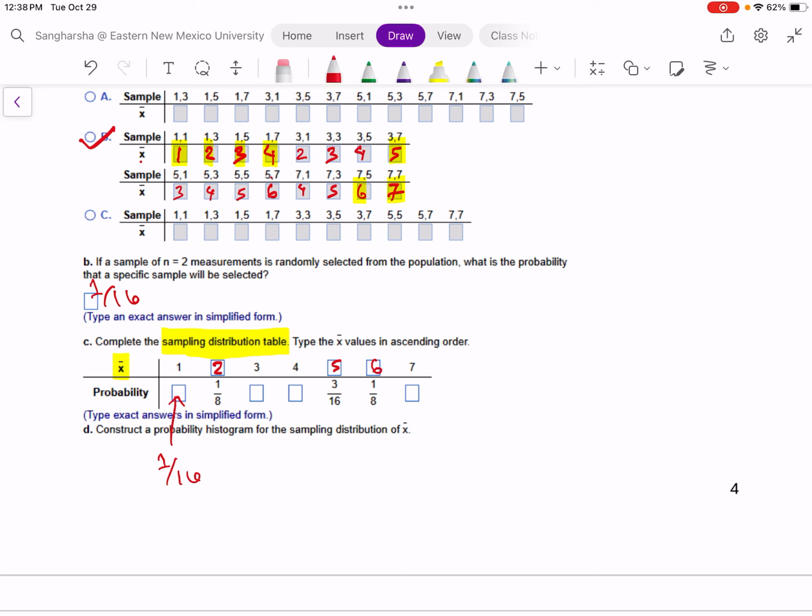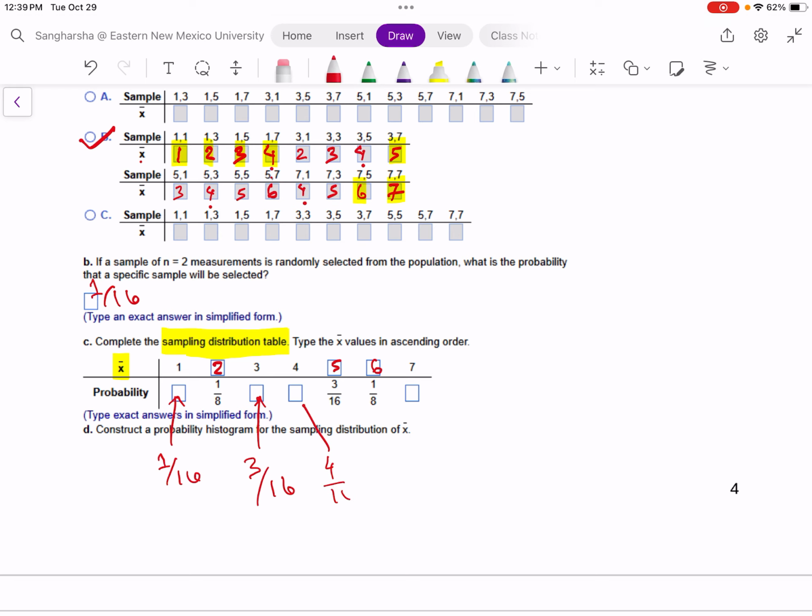Now what about 3? What is the probability that x bar takes a value 3? So how many times does it take 3? 1, 2, 3. So 3 over 16. What about the probability that x bar takes 4? 1, 2, 3, 4. 4 divided by 16, right?